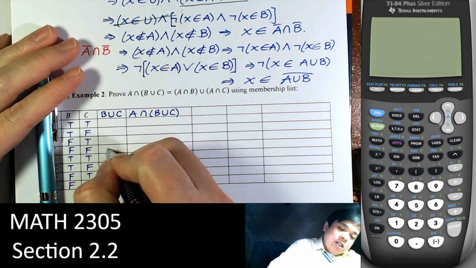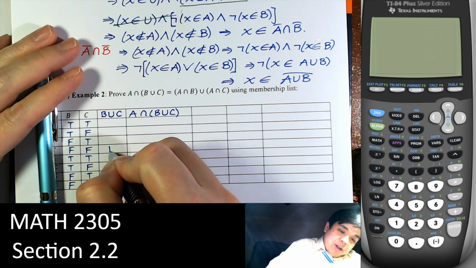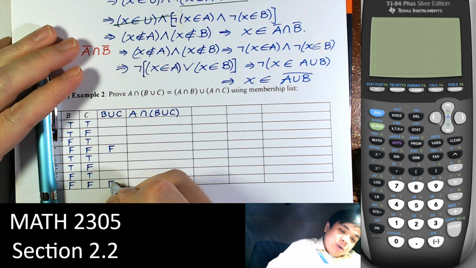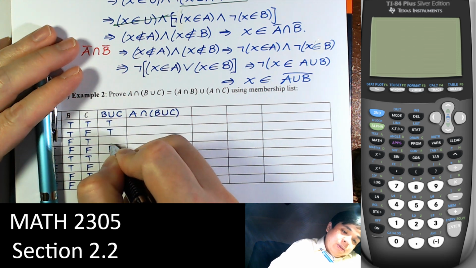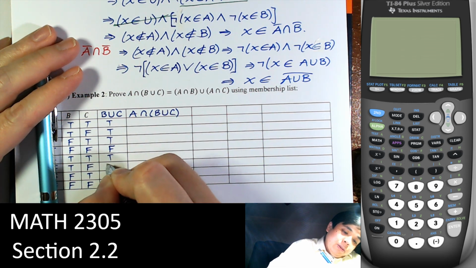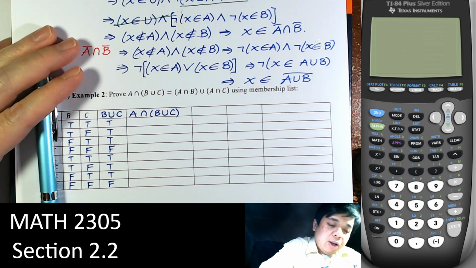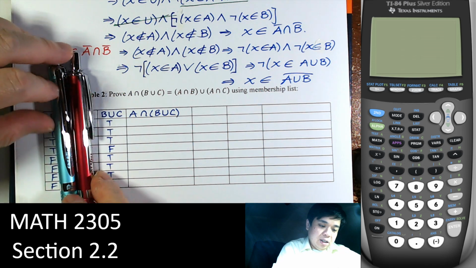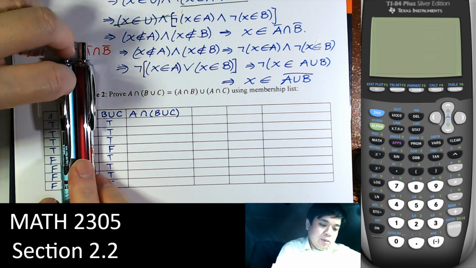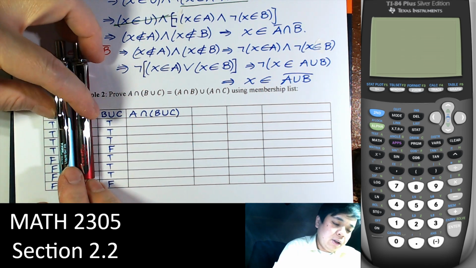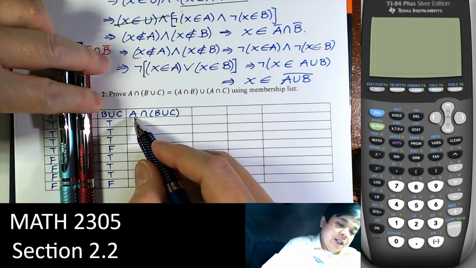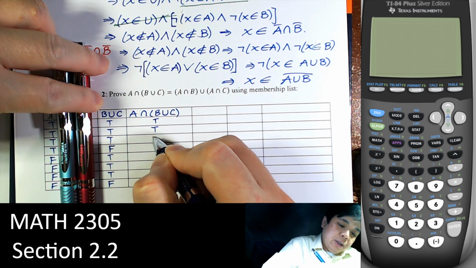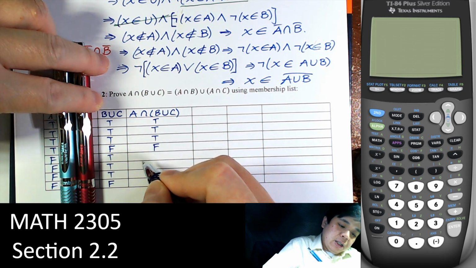So this is going to be false only when it's not in B or C. Otherwise, it's going to be true. Now we intersect those two. The intersection is true when both of them are true, and false otherwise.